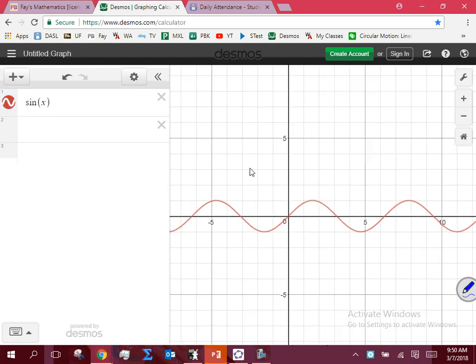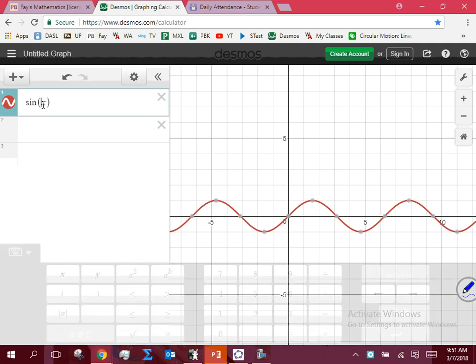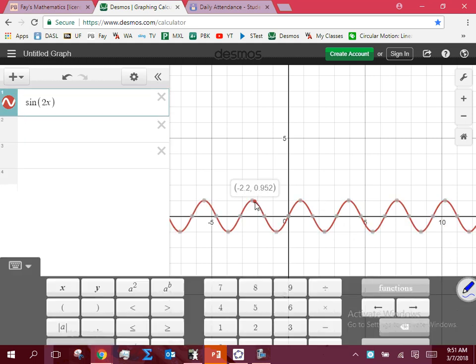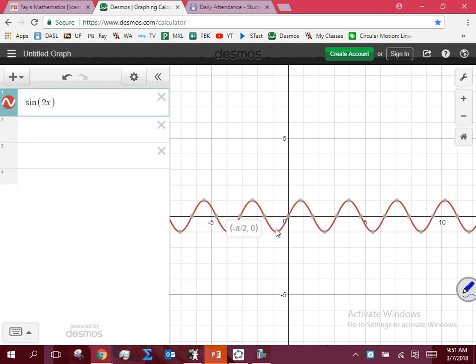Now, I haven't messed around with it enough. I don't know if I can change the x-axis on this like I can in GeoGebra. But it is nice that it does give me those key critical points in terms of pi. I don't know if maybe I change that to 2 if it'll do the same thing. Yeah, it does. That's kind of nice. Finally, something useful with Desmos.